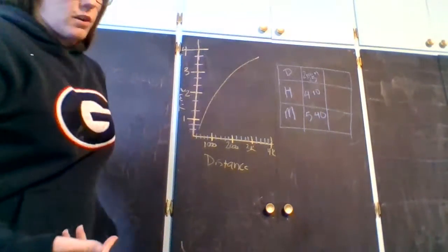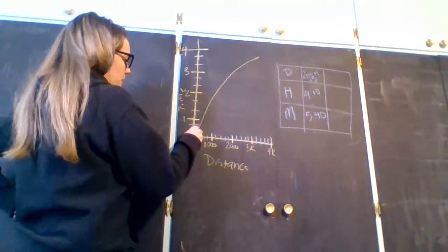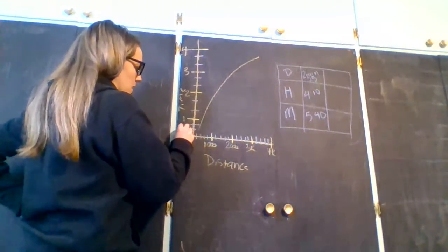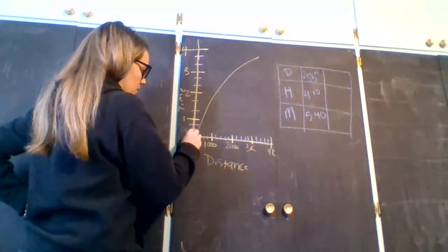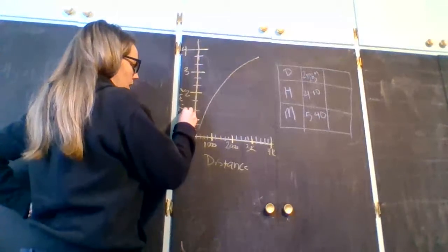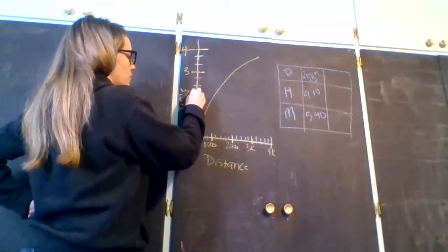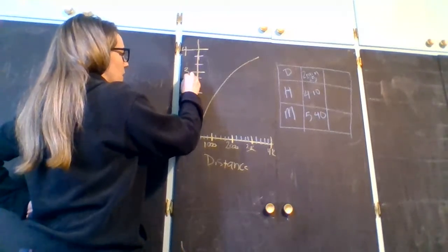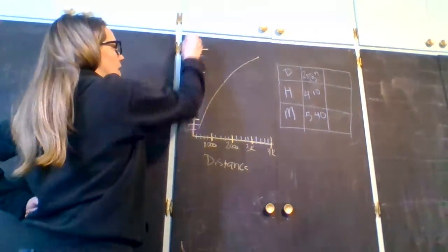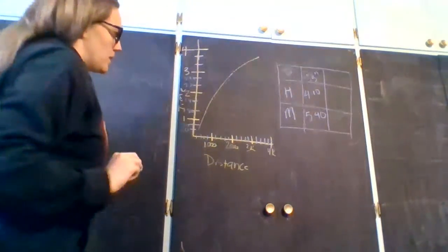If we know that there are 60 seconds in each minute, and there are technically 3 of these, that means each of these represents 20 seconds. So this one would be 20 seconds, 40 seconds, 1 minute. This would be 120, 140, 2 minutes, 220, 240, 3 minutes, and so on as we go up. So each of these tick marks represents 20 seconds.